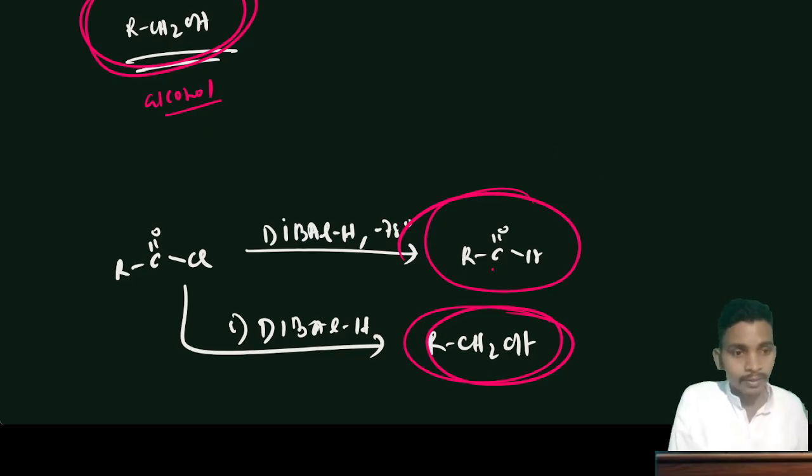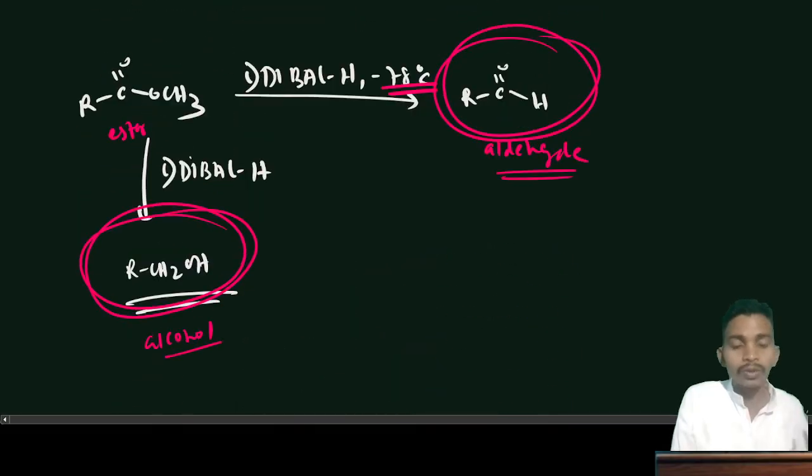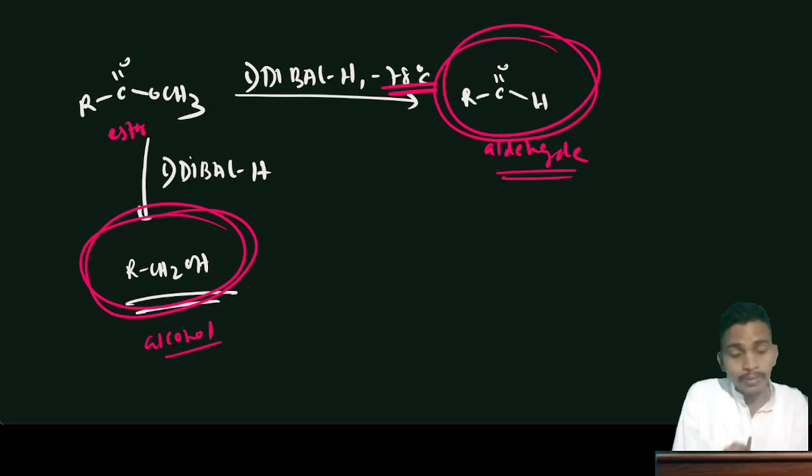The first point is that it will convert esters, amides or acid chlorides into aldehyde groups. But the important thing is that the temperature should be minus 70 degrees centigrade. If you give room temperature, then it again converts into alcohol groups like lithium aluminum hydride. So DIBAL-H helps us save time. Why?